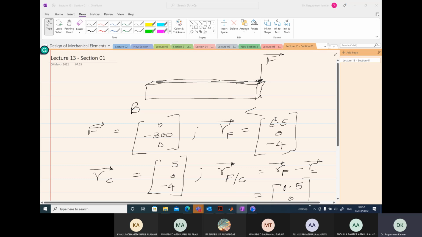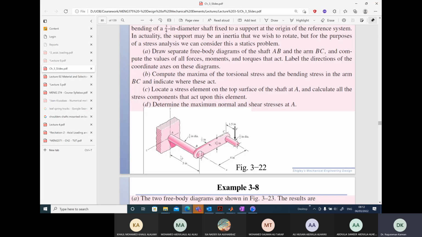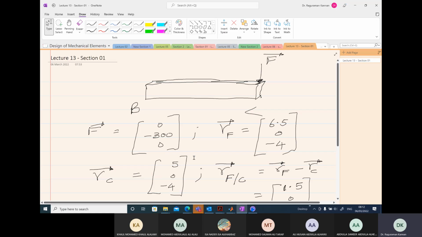So this is the moment acting at the point C, and it is with respect to the z-axis. So let's note down the axes here. This is the z-axis and y-axis. Going up is the y-axis.